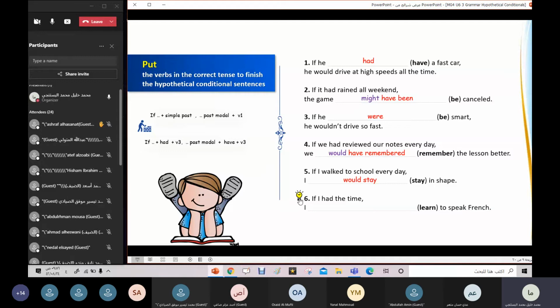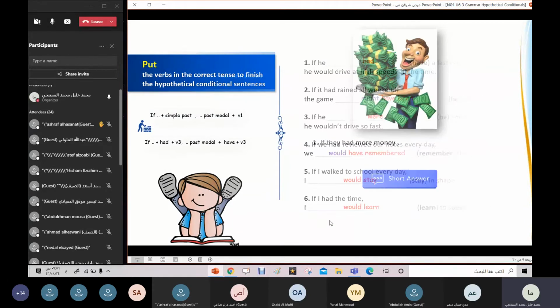Ashraf, number 6, read. If I had time, I would learn to speak French. Like the type 2. Good.